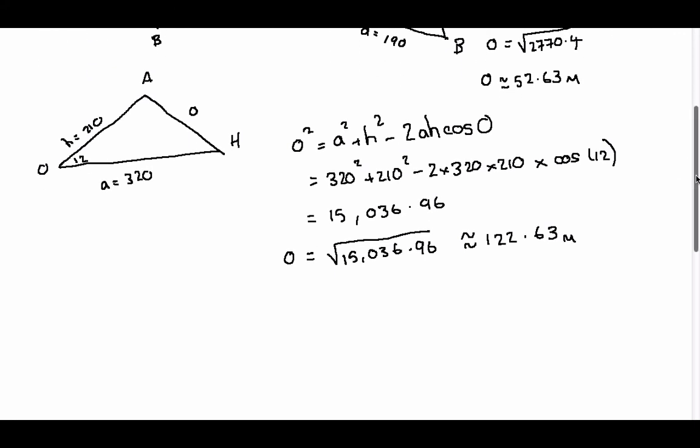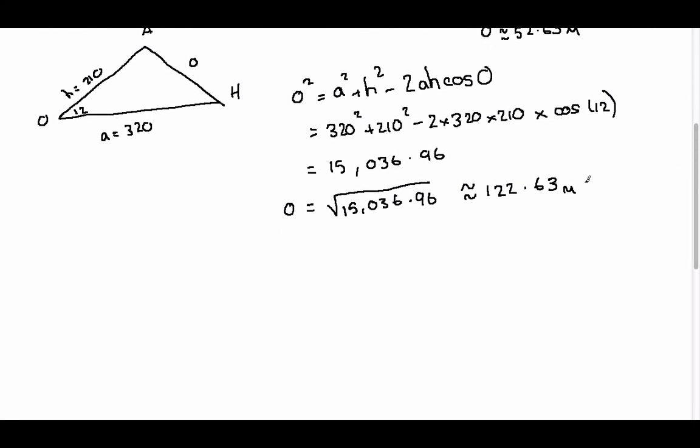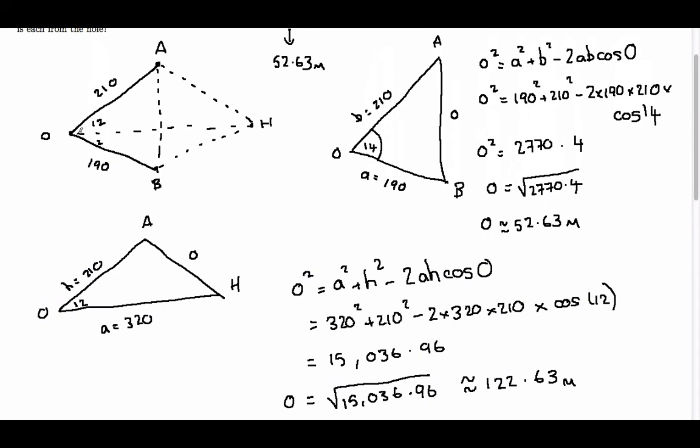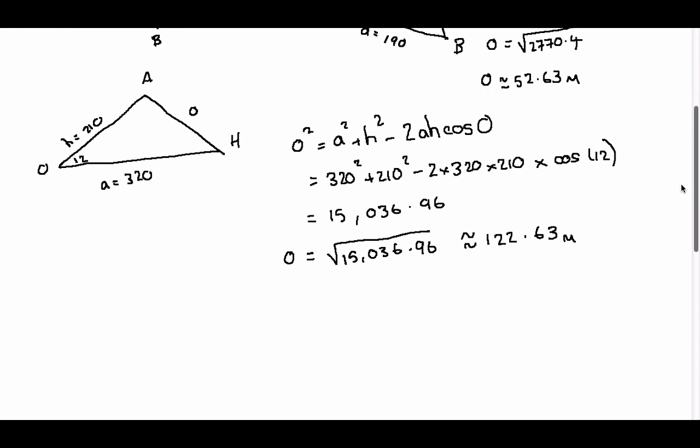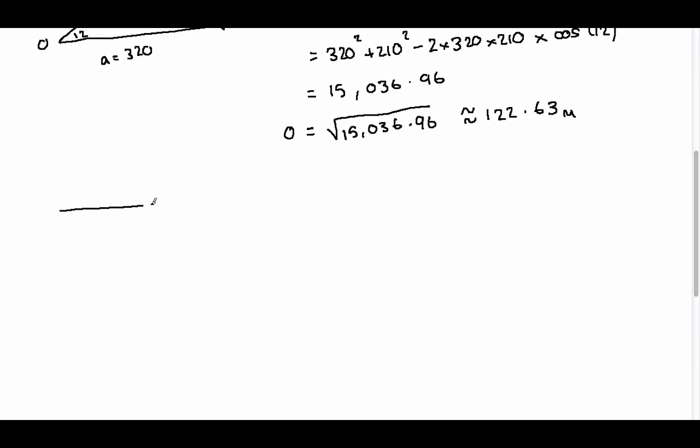Now finally, let's consider Leslie's drive. Let's see if she had a better drive than Bob did. We draw out the triangle. This time we consider the triangle OBH. So drawing that out, O, B, and H. This time this angle is 2 degrees. OB is 190.